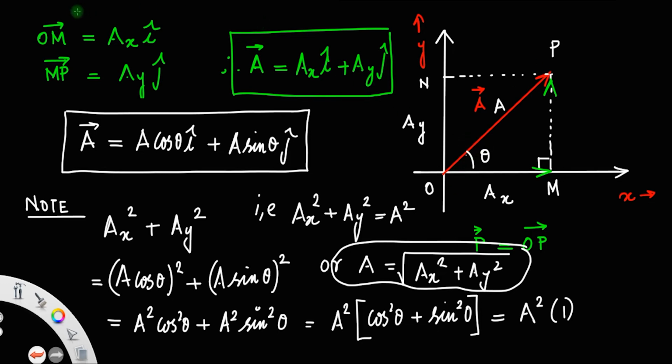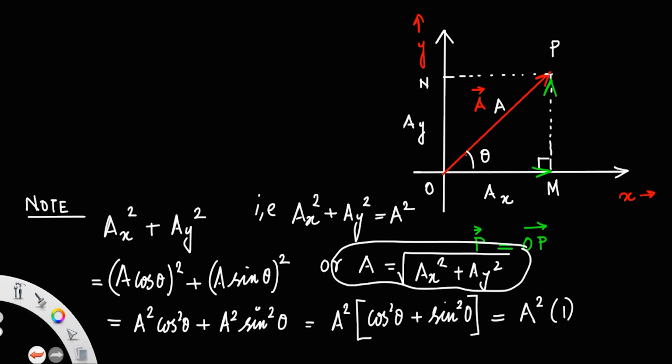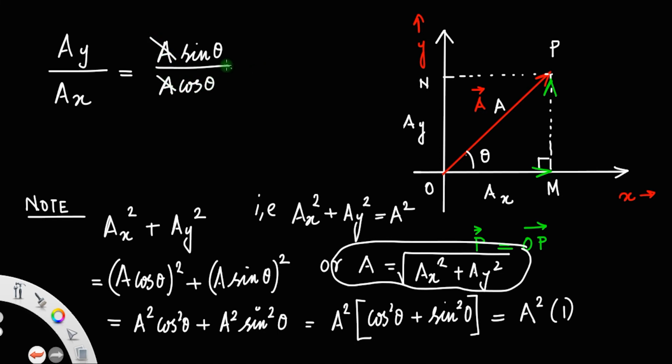Also, if you take the tangent, that is tan theta, now if I take AY and divide it by AX, what do you get? AY is A sin theta and AX is A cos theta. Cancel this A and A. What is sin theta by cos theta? Tan theta. So AY by AX is equal to tan theta.